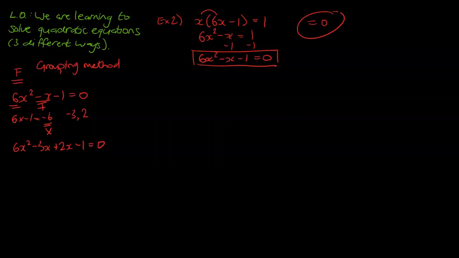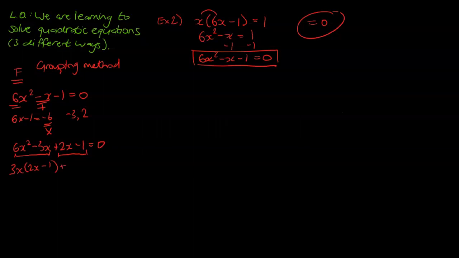And this is the grouping part of the name. We need to factorize the first group. We then factorize the second group. And then we can go ahead and finish. So that there is going to be equal to 3x because they've got an x in common, and a 3 in common. Then that's going to be 2x, and we're going to have minus 1 over there. And we're then going to go plus.